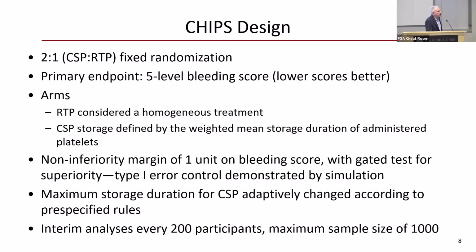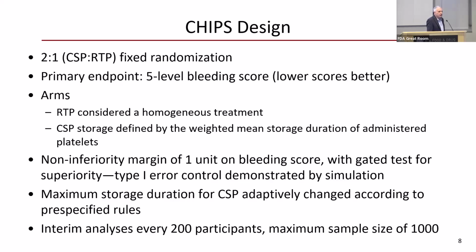In contrast, when you receive cold stored platelets as a patient, you typically receive a set of platelets that will have a storage duration, and you may have another number of units of platelets that have a different storage duration. So we're going to characterize the treatment of a patient by the weighted mean storage duration of the administered cold stored platelets. So in the room temperature arm, platelets don't have an age, but in the cold stored arm, they do have an age that's defined by this average of the age of the platelets administered.